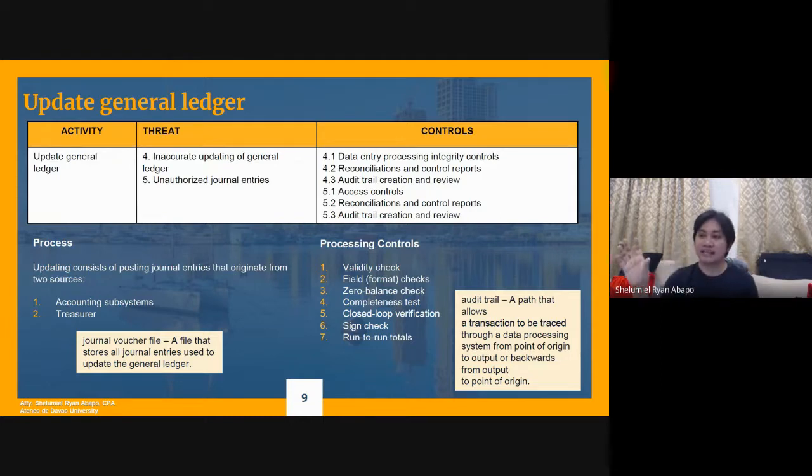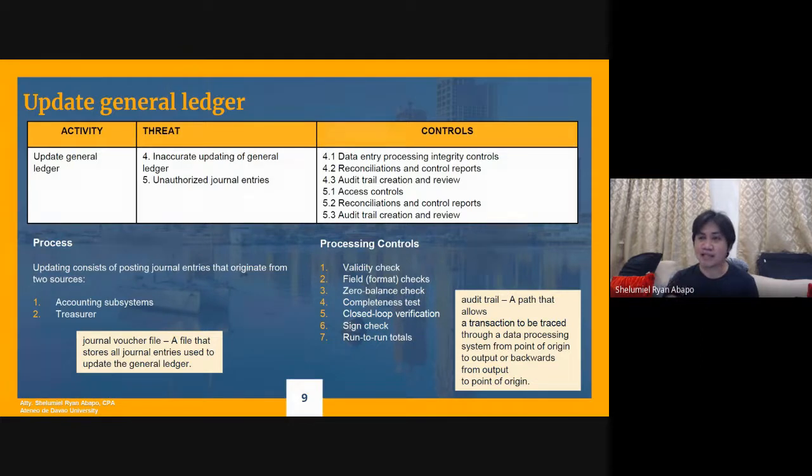Ang equivalent niya na account title, let's say for example, allowance for doubtful accounts. Kapag nagpasok ka ng code na yan at nag-match siya doon sa chart of accounts natin ng certain account title, yun yung ilalabas niya. So as a user, you are apprised now that allowance for doubtful accounts nga yung pinipick ninyo na account. So that's another input control.